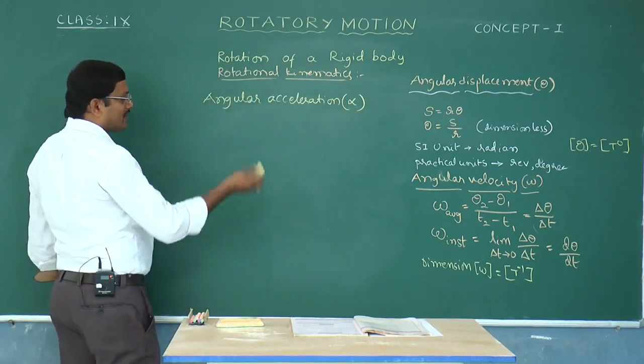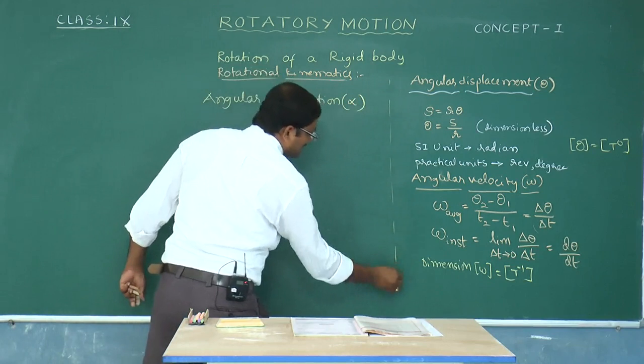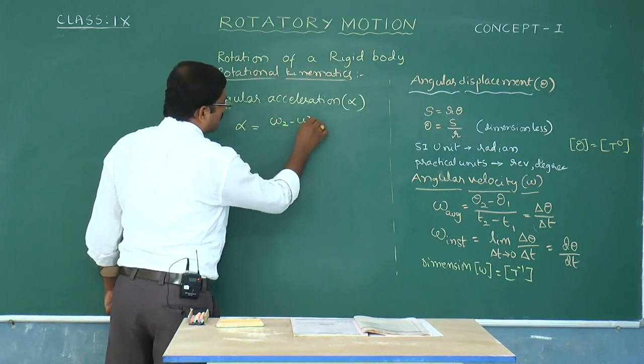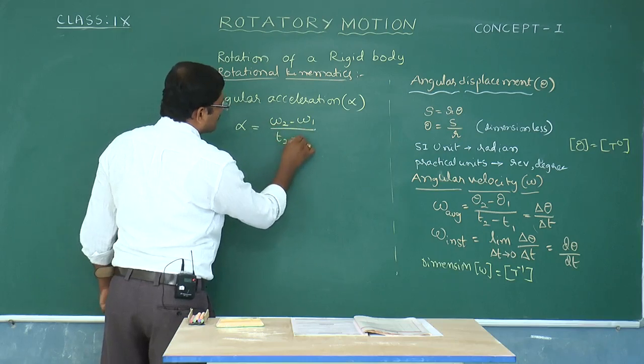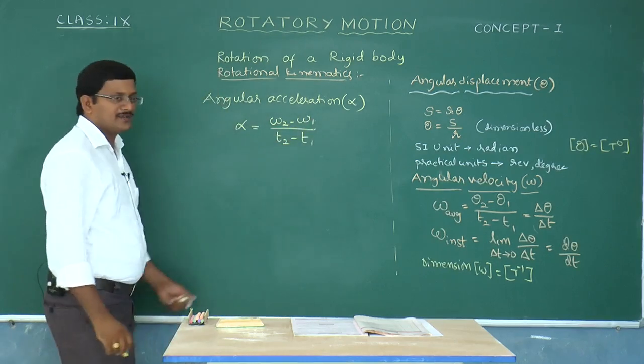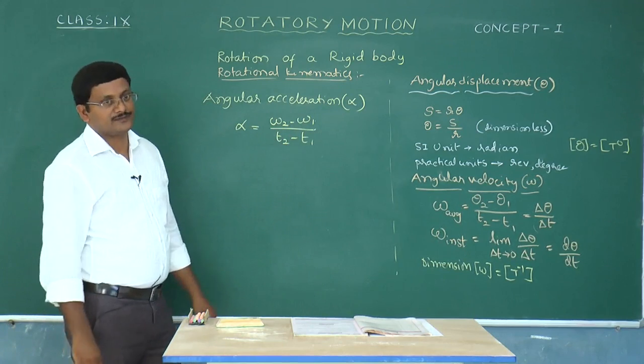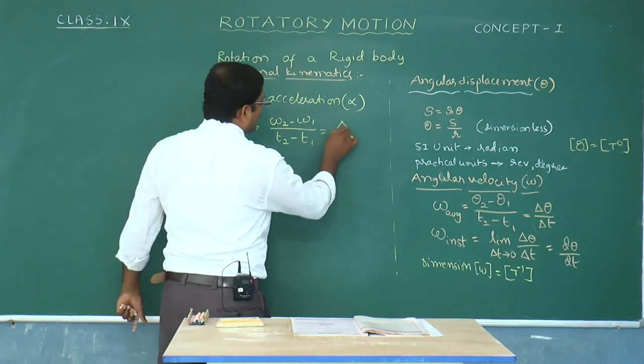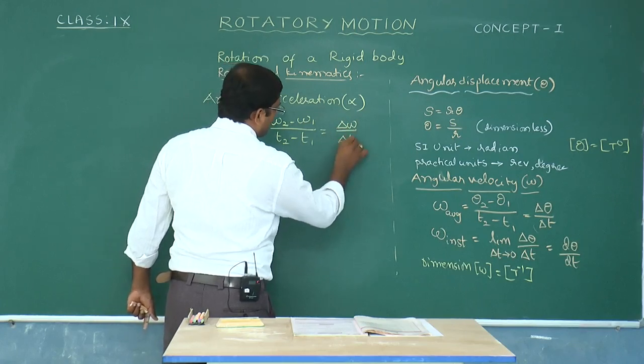In the same manner as the definition in earlier classes, alpha is omega 2 minus omega 1 by t2 minus t1, the change in angular velocity by the change in time interval, so it is delta omega by delta t.